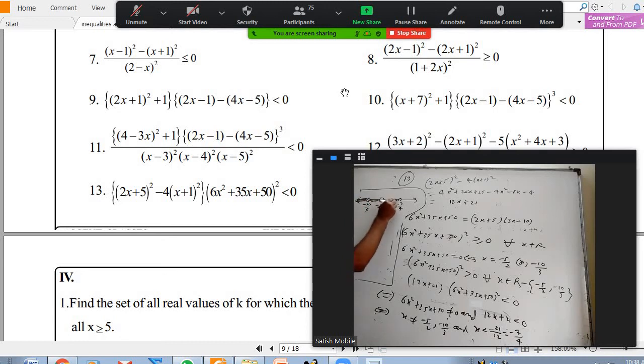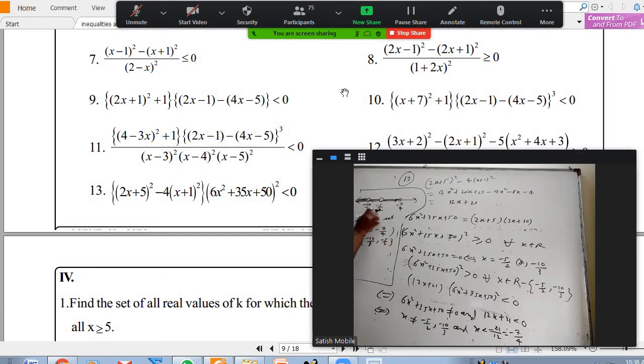So write the answer, the solution set. Somebody can write minus infinity to minus 7 by 4, everything open, minus a set containing these two numbers, minus 10 by 3 and minus 5 by 2.